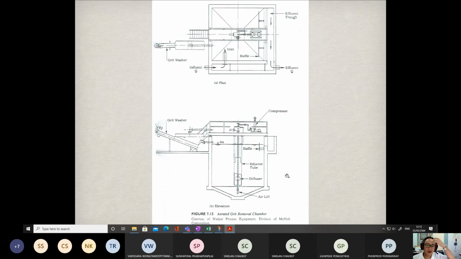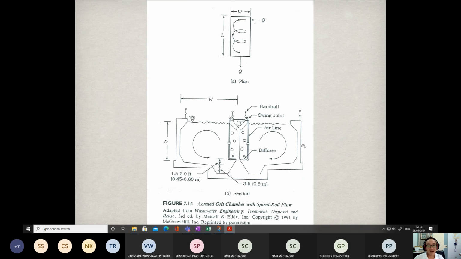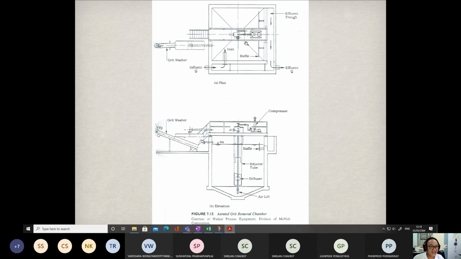This is also a kind of aerated grit chamber, but the flow is coming in from this direction and moving out in this direction. More or less it's like a circular tank, but this is square. But it is also an aerated grit chamber. If you look at these figures, this is more or less the horizontal aerated grit chamber, but this one is the vertical aerated grit chamber.